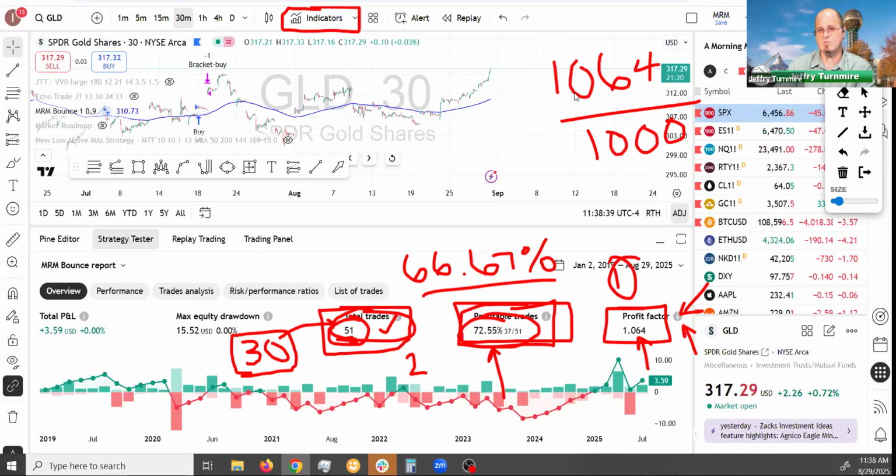To get this number, we made 1,064 and we lost 1,000, and that got us to, we make 6.4 cents for every dollar we lose. Move that decimal over. So we make $1.064 for every dollar we lose.